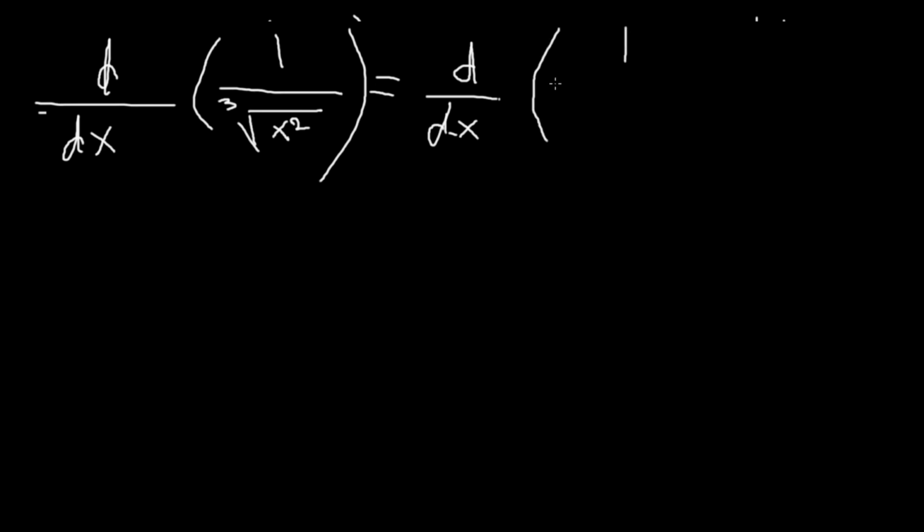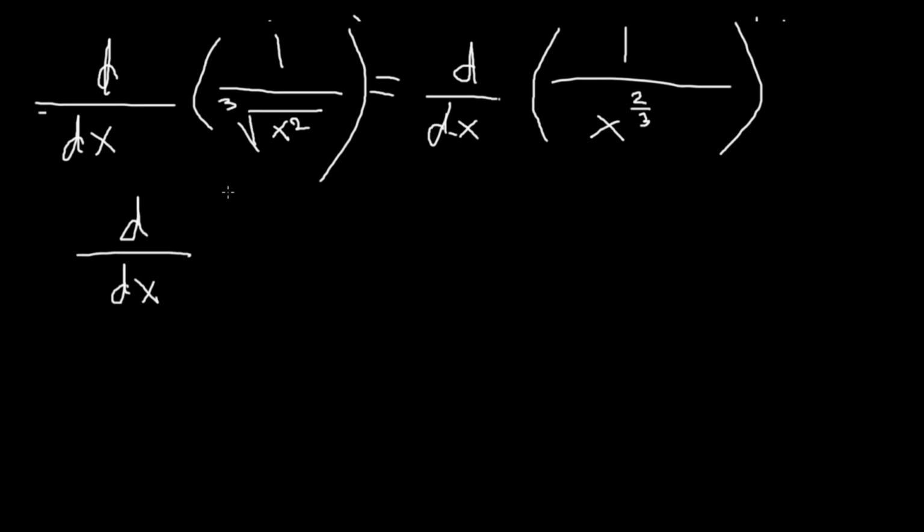This can be written as 1 over x to the 2 over 3. Remember from the last problem? Now, since this is in the denominator, you can switch it to the numerator with the negative exponent. Make sure you always have this derivative operator if you're showing work. It's x to the negative 2/3.